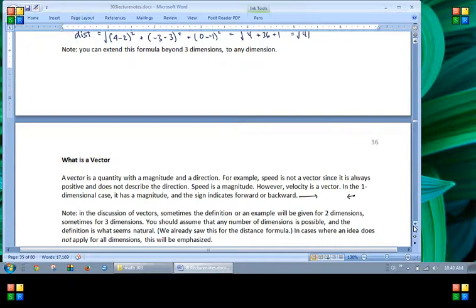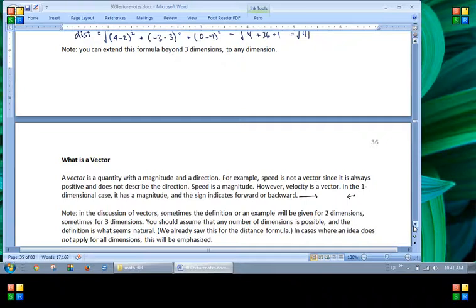Okay. Now, in the discussion of vectors, there are going to be definitions or examples, and typically it will start by being given in 2 dimensions. But sometimes I'll start with an example in 3 dimensions. All the ideas that we're going to discuss, or most of the ideas that we're going to discuss, any number of dimensions is possible.